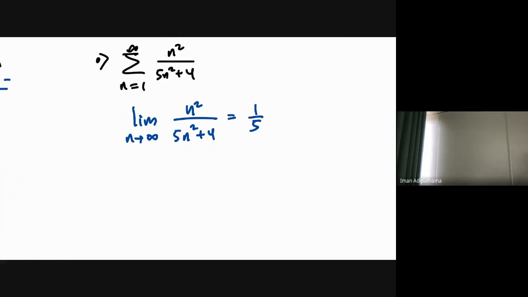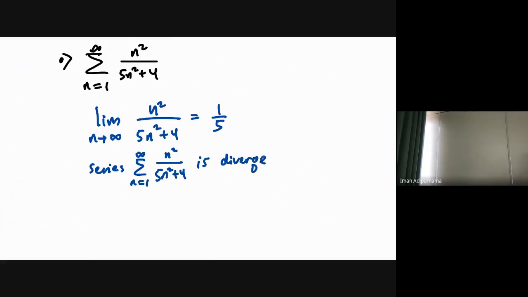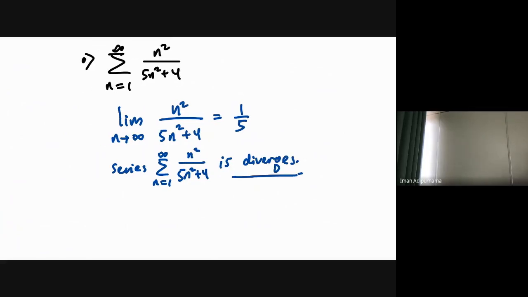You can directly show that this is 1 over 5. So you can directly say that the series is divergent. You need to distinguish between the sequence and the series. The sequence is converged, but the series is diverged.